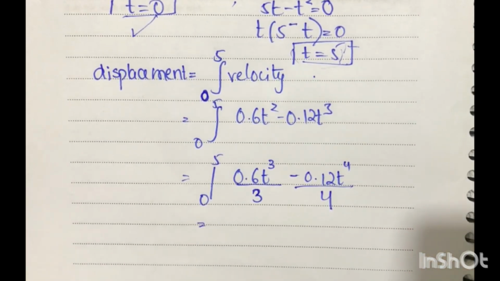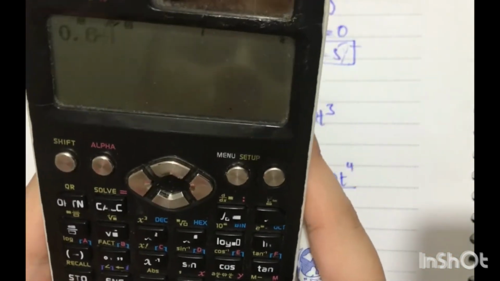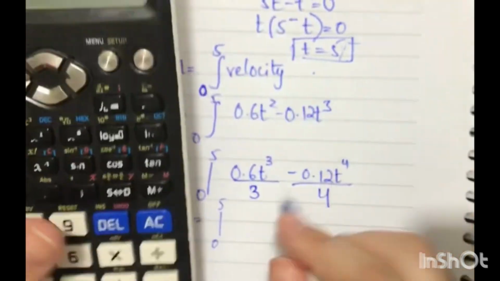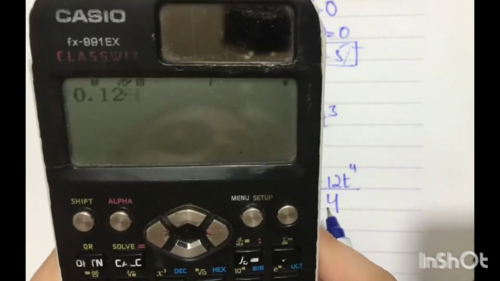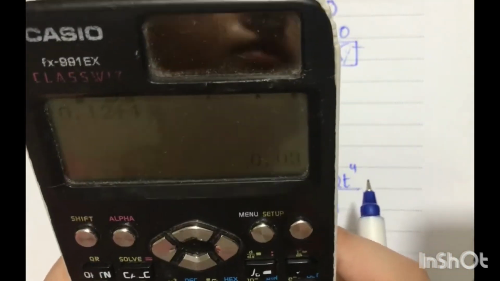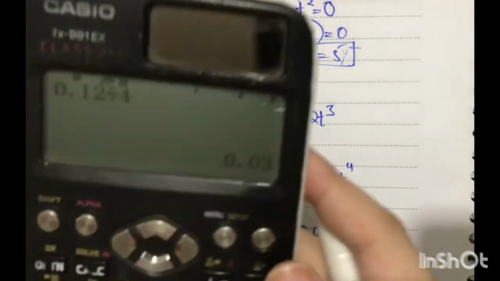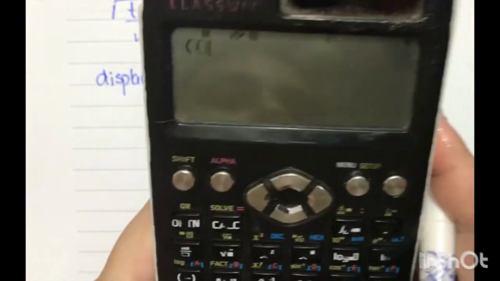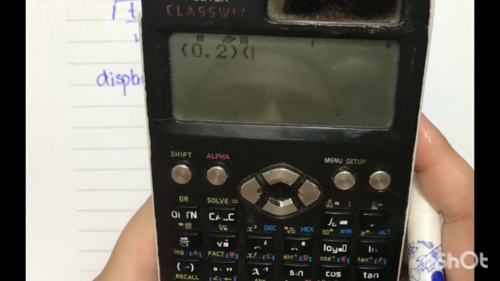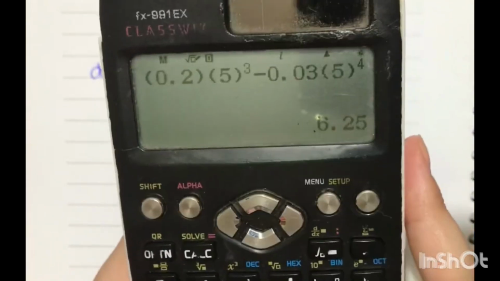So this will become 0.2t cubed minus 0.03t raised to power 4. And now when we plug in the values of 5 and 0, we will come up with 6.25.